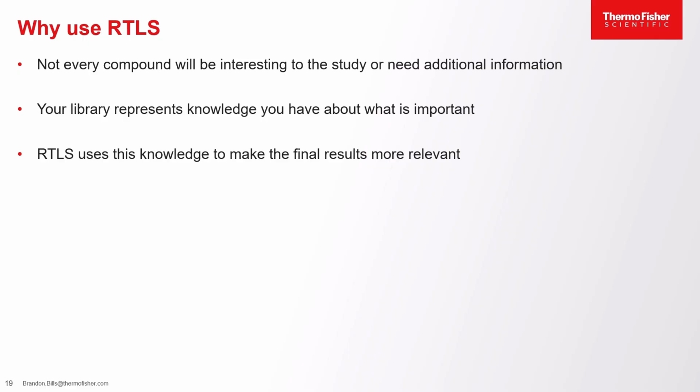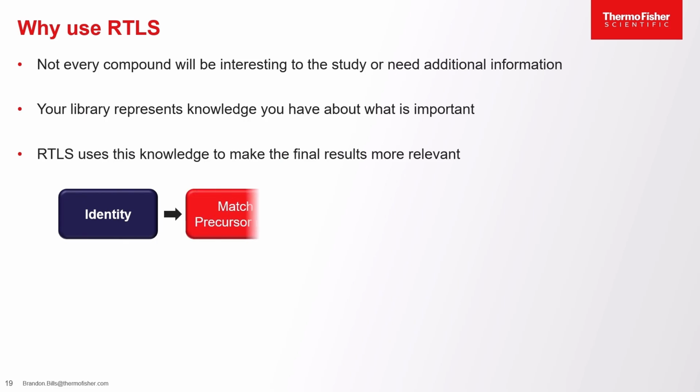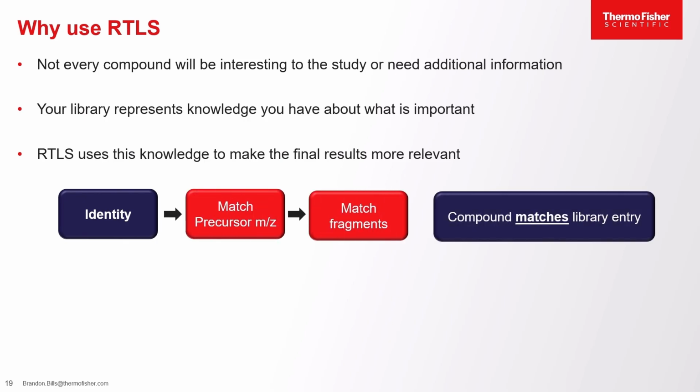Now, there's a couple of experiments you can run. First off, we have an identity type experiment. In this experiment, you match the precursor m/z, and you match the fragments. This is when you're finding an exact match in the library and either saying, this is confident, I don't need to spend additional time, or this is a good match in the library, but I want some additional information when it's matched.